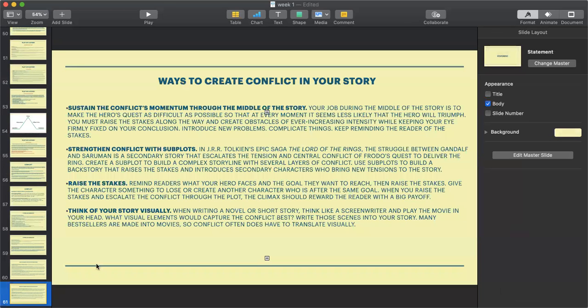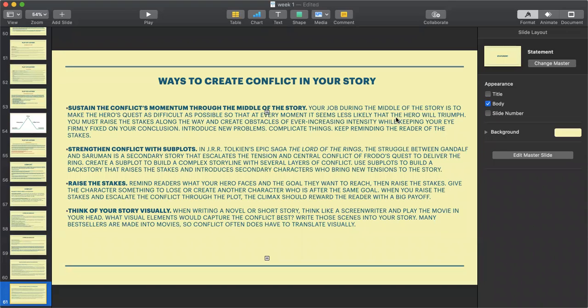Story will be wonderful. So the conflict in the middle part has to be very, very strong and make it as difficult as possible. Sometimes you will feel that the hero will not triumph, he will fail. Okay, then the journey becomes more and more interesting.